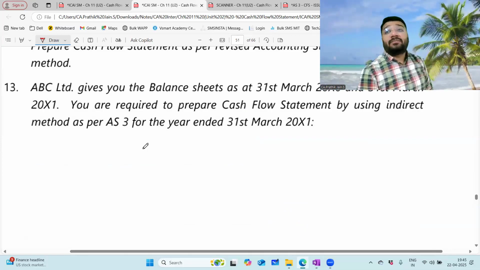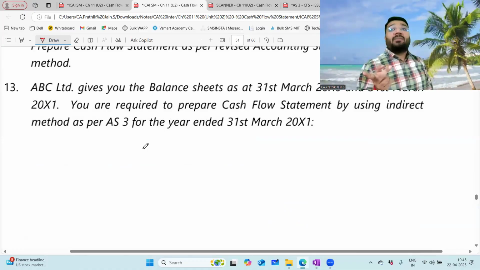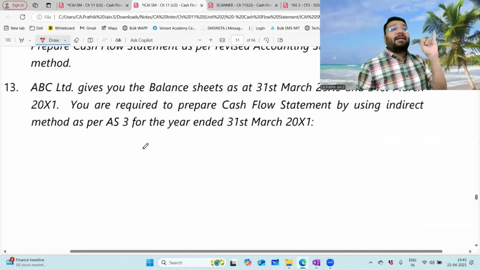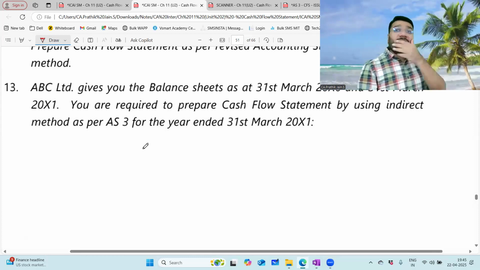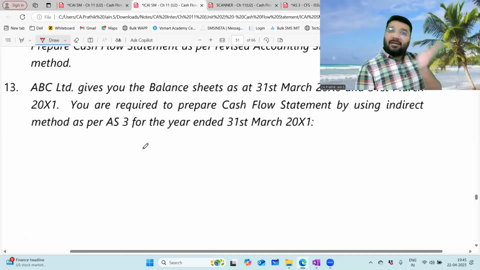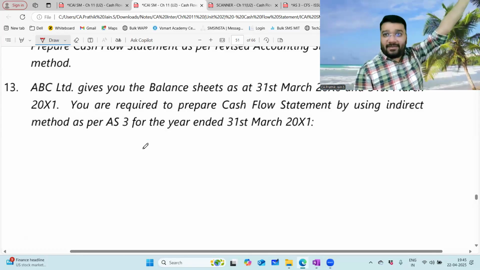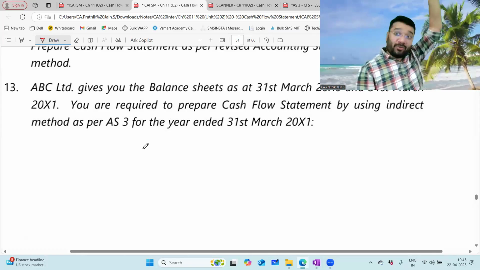How many questions in total? 11 or 12? 12 are there. And then from question number 9 till 14. So 9, 10, 11, 12, 13, 14. 6. 12 plus 6 how much? 18 questions. How many questions we have completed so far? 5 questions hardly we have completed. Remaining you have to do. Plus PEP questions are there. What you want me to take? Your foundation, not foundation exam. Inter exam to next Jan 27.